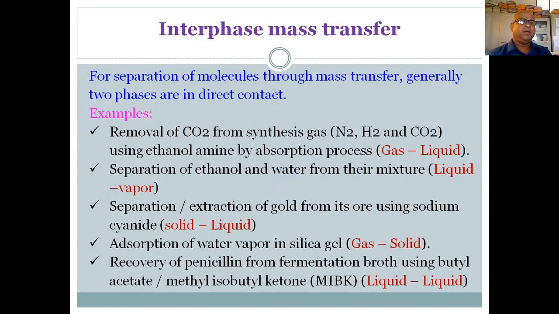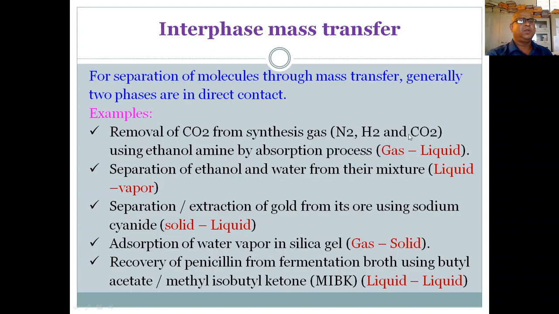Now I already told you that for separation of molecules through mass transfer, generally 2 phases are in direct contact, and we have already taken examples. The first, let's take removal of carbon dioxide from synthesis gas. Synthesis gas is a nitrogen, hydrogen and carbon dioxide mixture.